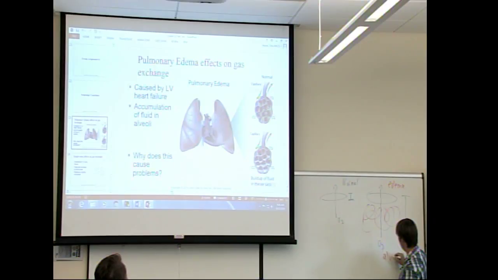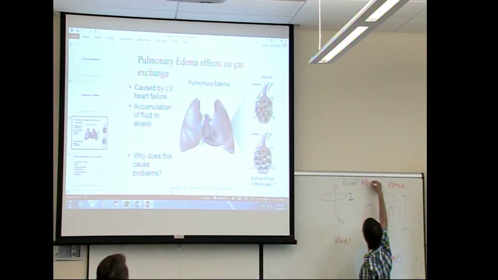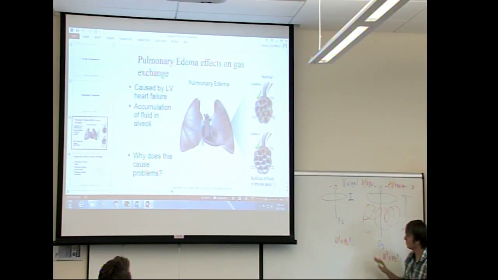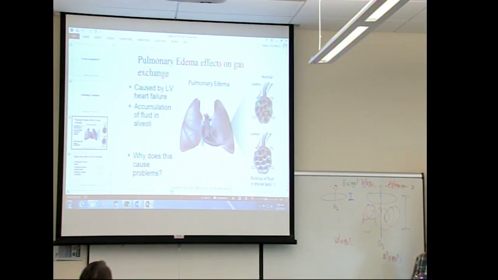This is the alveoli, and up here is the blood going past. So this O2, I'm going to put it closer, and here it only has to go such a short distance. Does that kind of make sense? The oxygen and CO2 have to diffuse a farther distance, which makes it less efficient.